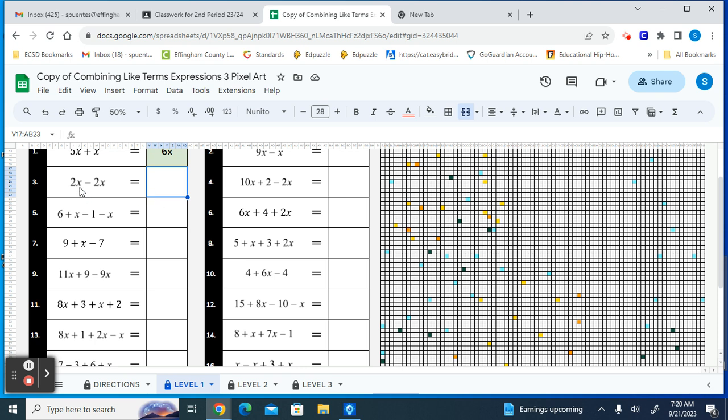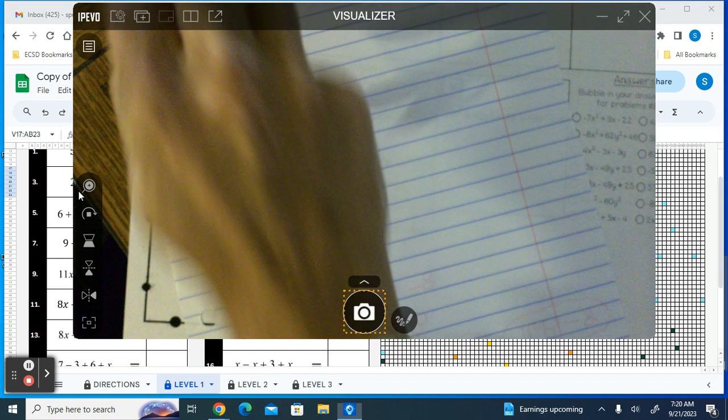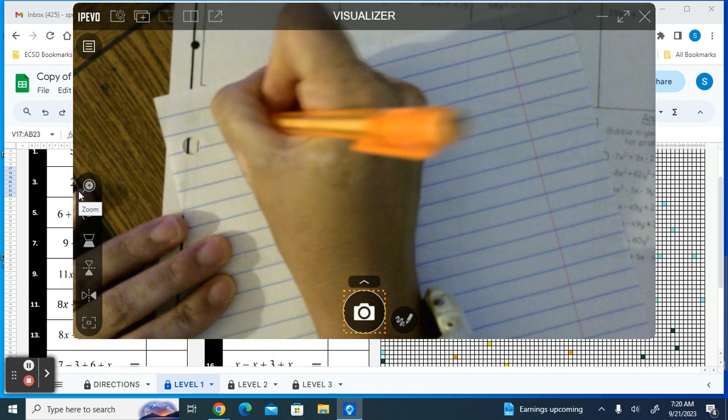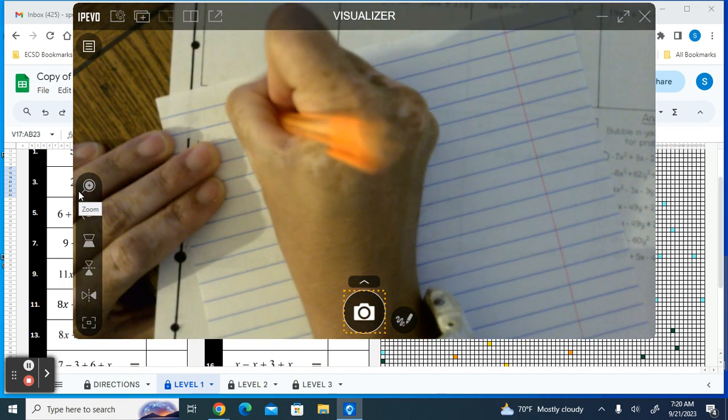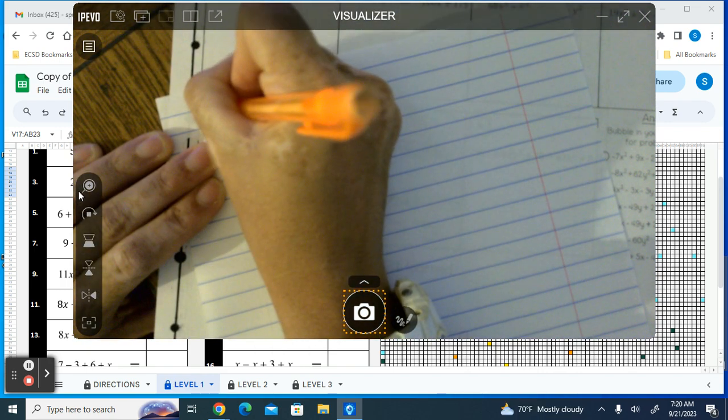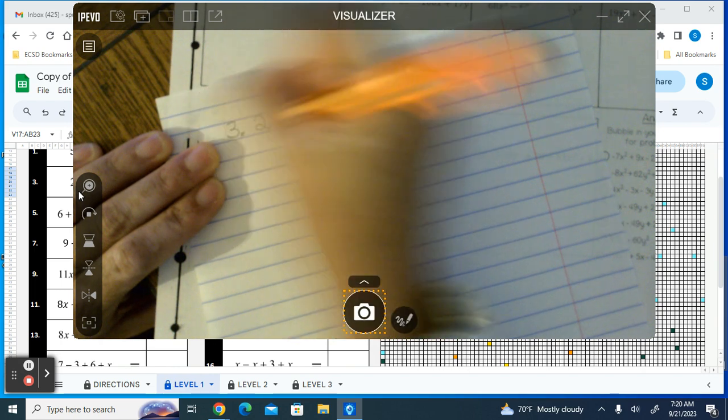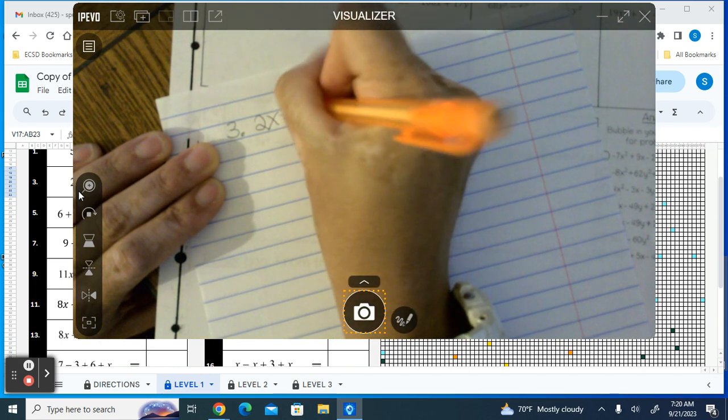So it looks like we're good so far. There is some confusion on this one. So if we have 2x minus 2x, we do our keep, change. This is what it would actually look like on your paper, number 3. 2x minus 2x.